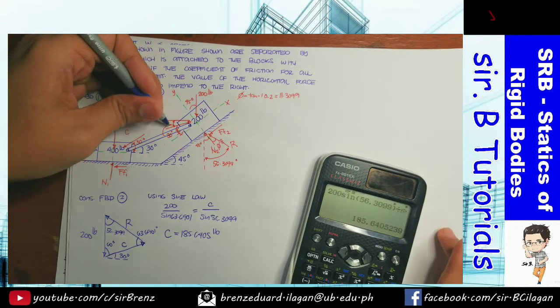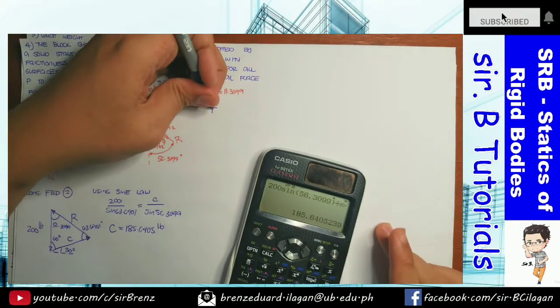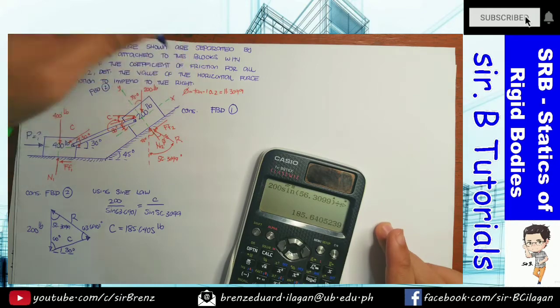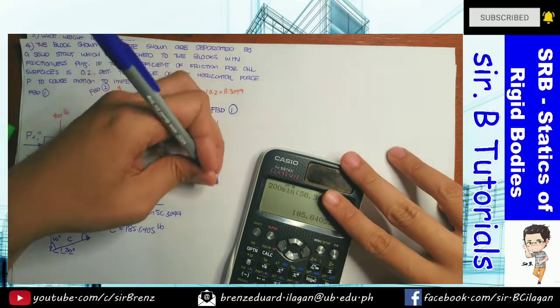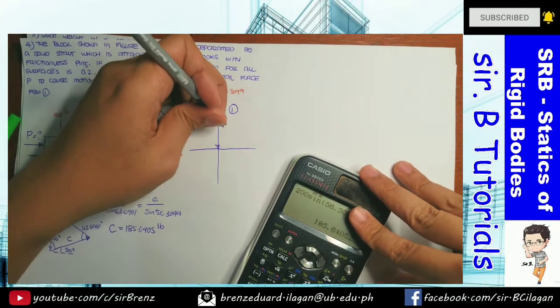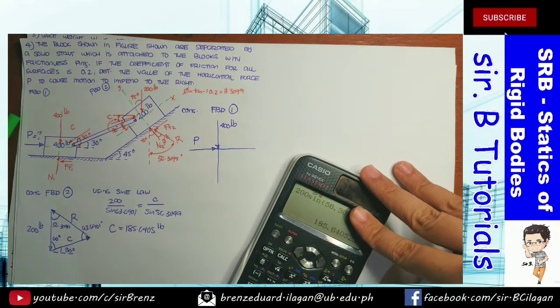Okay, so since we have now the value of C, we can now proceed with free body diagram 1. So considering free body diagram 1, again, draw the X and Y axis. Latag may mga known forces. You have here a 400 pound. So we have here P, which is the unknown.